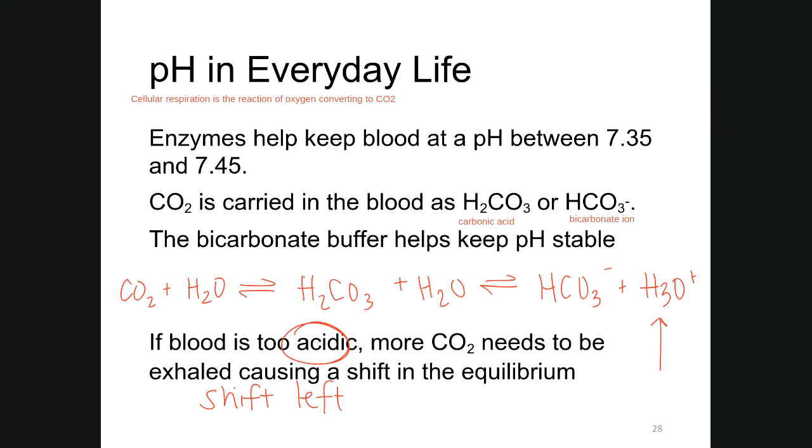Carbon dioxide is going to react with the water in our blood to make hydronium. That's going to make our blood very acidic. So in order for us to bring our blood pH back up and make it roughly 7.35, we have to get rid of that carbon dioxide. And that's why you start breathing heavier so that you can expel that carbon dioxide and shift your reaction back to the left.